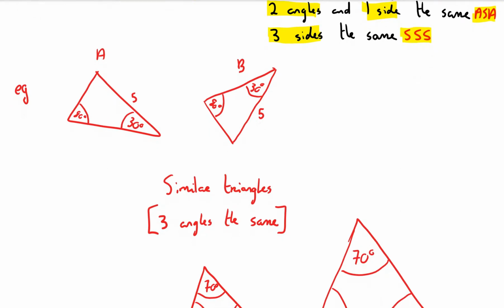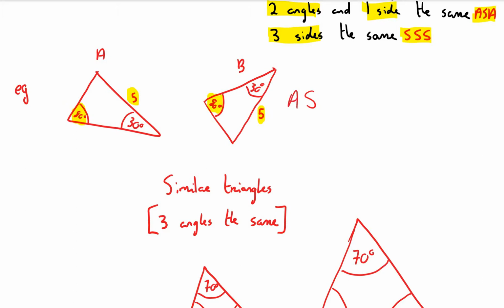So if you look at this triangle, let's do the test. Let's see if we can find three sides that are the same, or two angles on one side that is the same, or one angle and two sides that are the same. So triangle A has a length of 5 here, and a 5 there. So we definitely have a side. And we have an 80-degree angle here, and we have an 80-degree angle here.